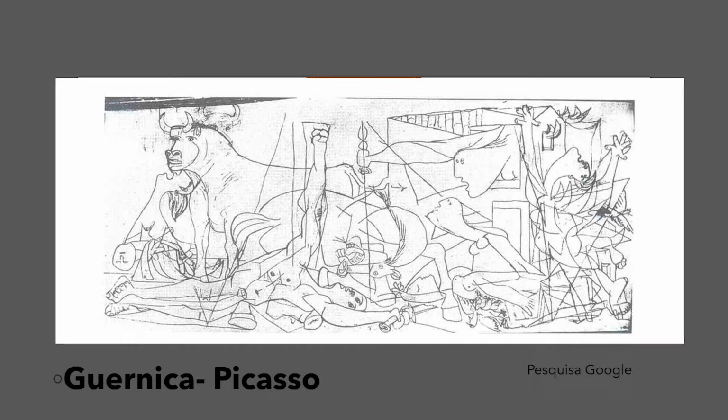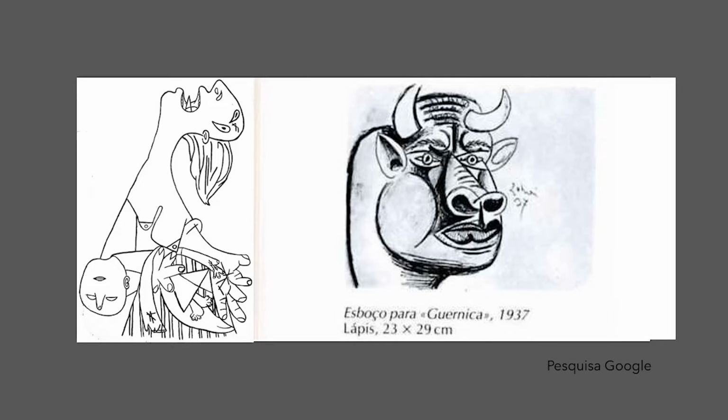Picasso used the colors black, white, and gray to connect with the feelings of loss, sadness, and disappointment. In this picture, some figures are also related to the reality of pain: the bull, the woman holding a child, and the horse.